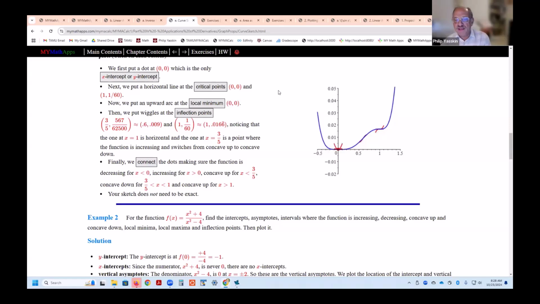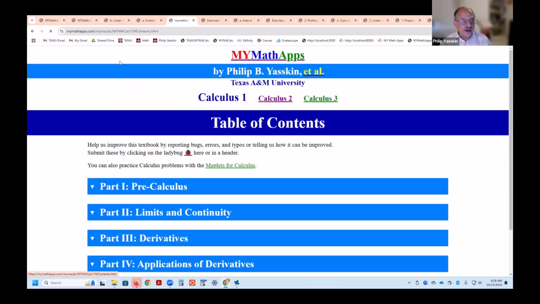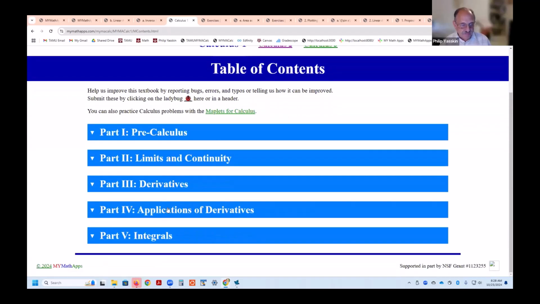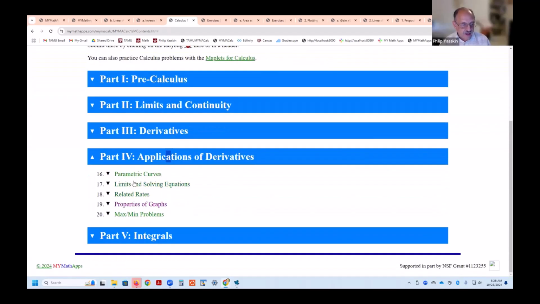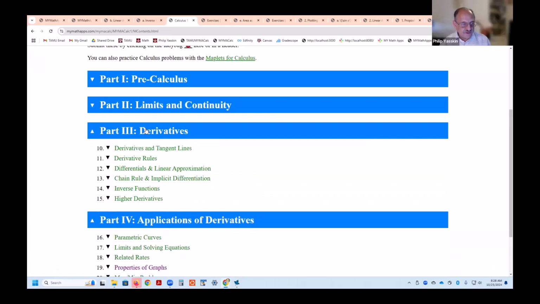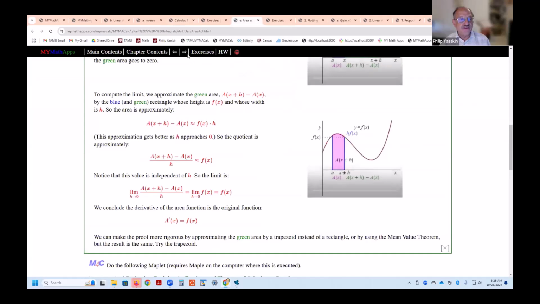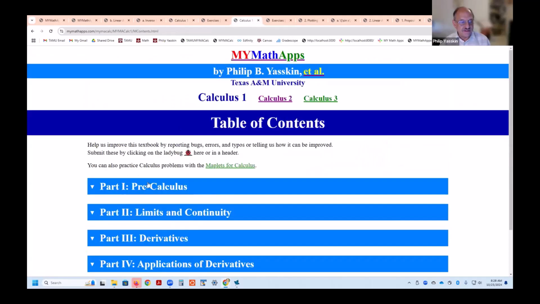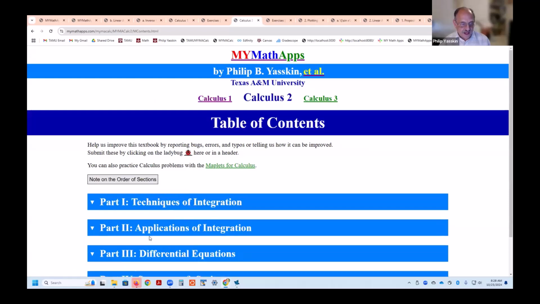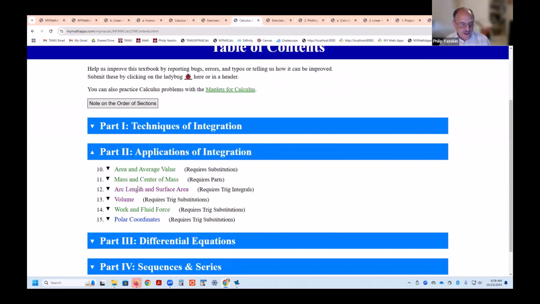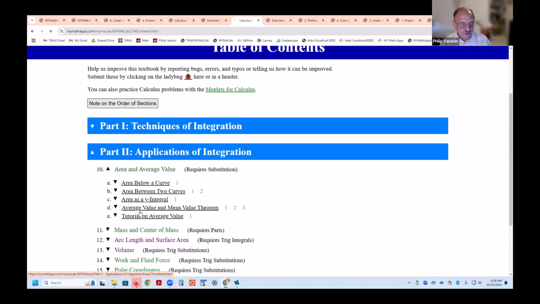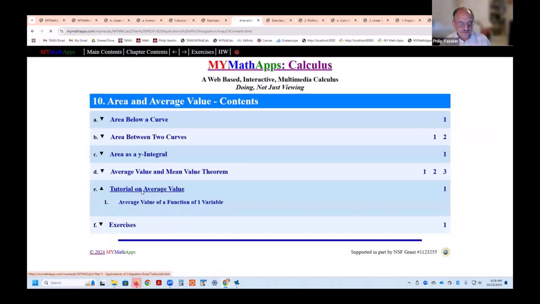No, I've stopped making new Maplets. However, somewhere in the chapters, let's go to Calc 1, Applications, Area. Wait, I'm sorry, Integration, Applications, Calc 2, Applications, Area, Average Value, Tutorial.